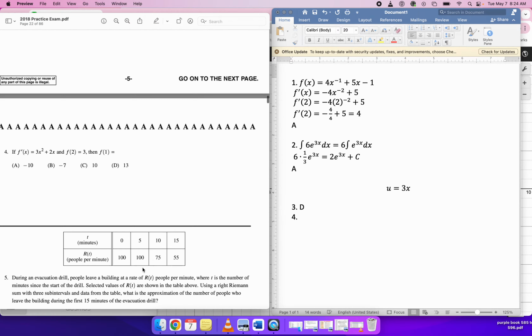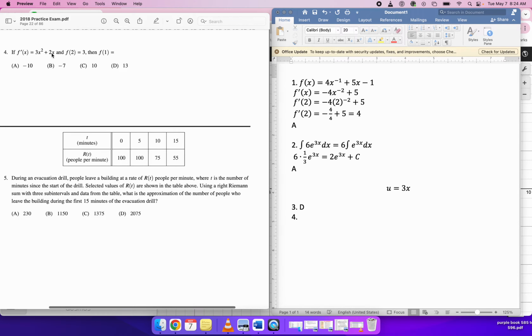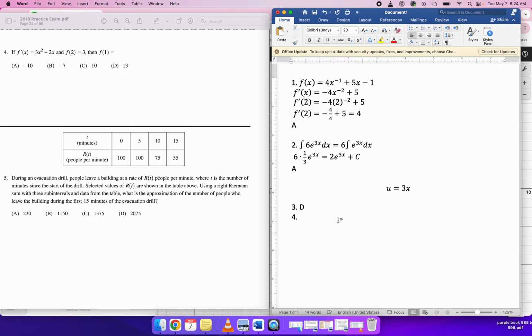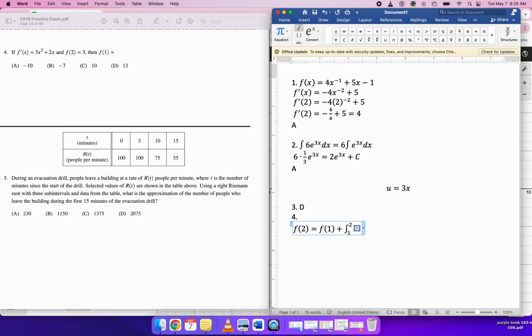Number 4, if f prime of x is given, and f of 2 equals 3, then f of 1 equals what? I would say that this is a later value equals earlier value plus net change problem. You could say f of 2, that's the later value, equals f of 1, that's the earlier value, plus the integral from 1 to 2 of f prime of x.